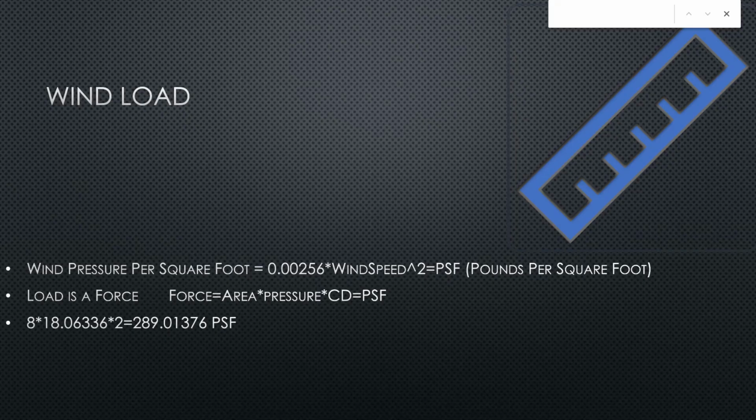Next is our wind load. I did a very basic wind load calculation. Here under wind pressure per square foot, you get a general idea of the pressure on a 1 by 1 foot section of a structure by using the formula provided here.